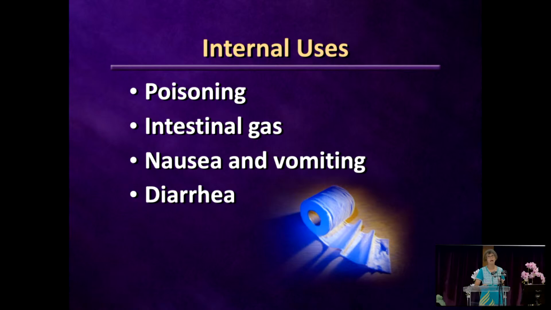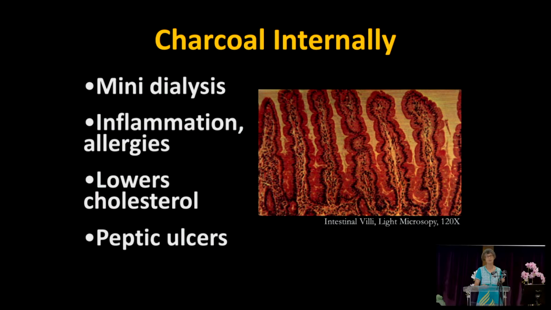It would adsorb poisons, and therefore they can be removed. For intestinal gas, when you have a lot of flatulence, it also helps to adsorb the gas, so you don't feel so full of gas. For nausea, vomiting, diarrhea, you can use charcoal internally as a drink.